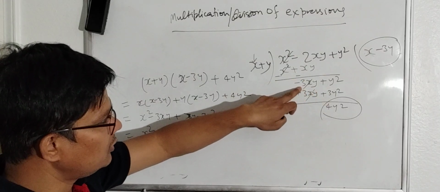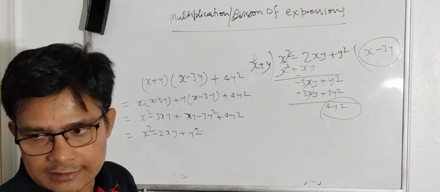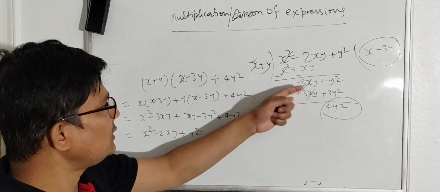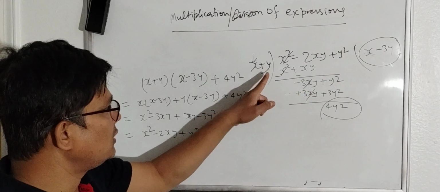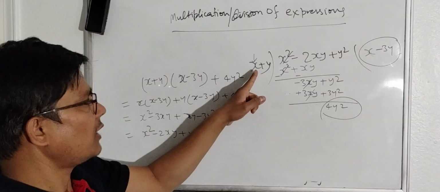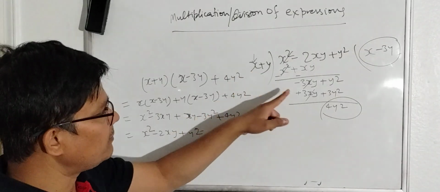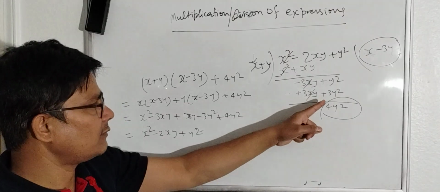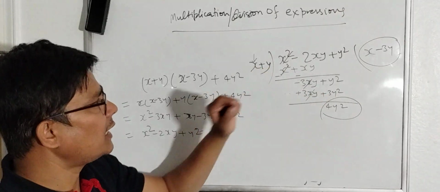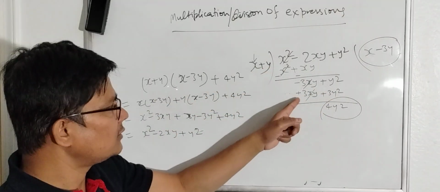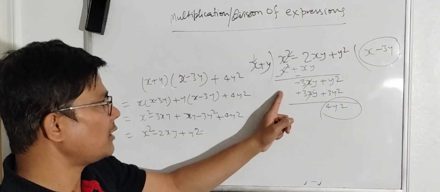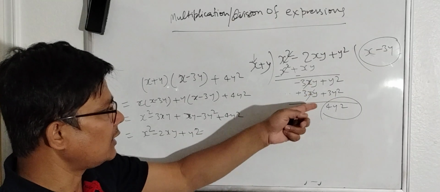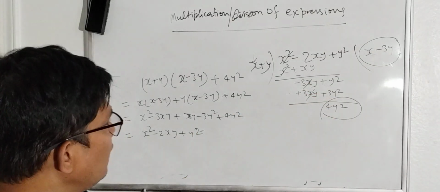Now your target is to eliminate minus 3xy. So to eliminate minus 3xy, you can use either this term or this term. So I use the x. So x multiplied by minus 3y will give me minus 3xy, and minus 3y times y will be minus 3y squared. Since I have to subtract, the sign changes, so they cancel and this will become 4y squared.